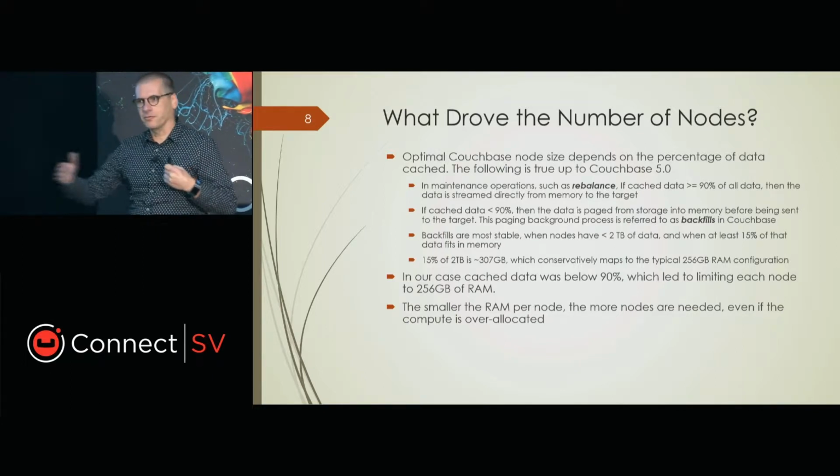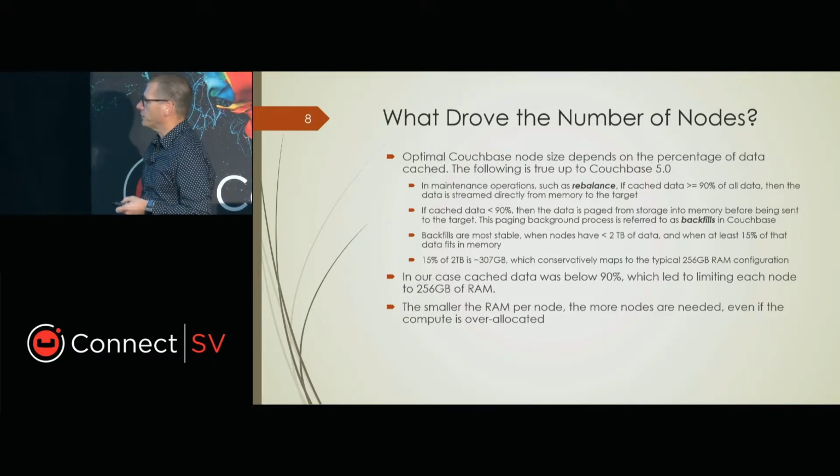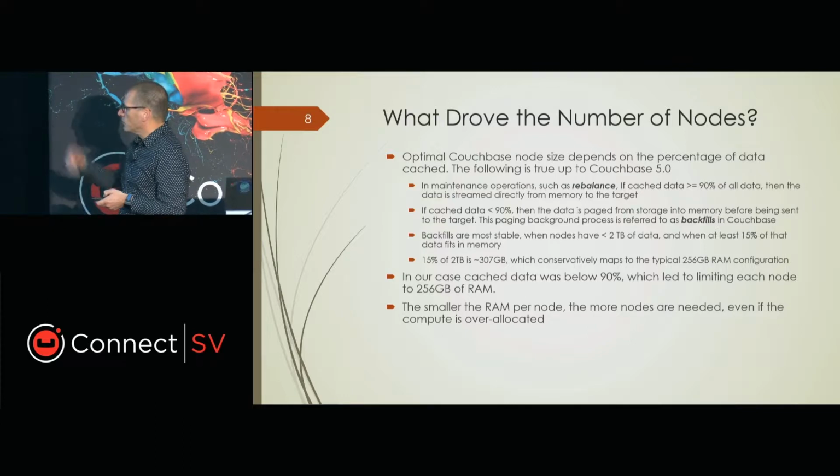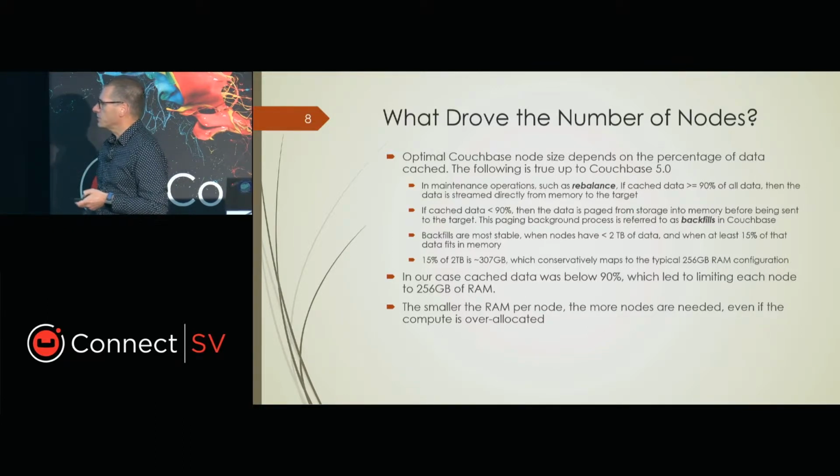We'd actually like longer, but that didn't prove to be financially viable. We determined that we would build our nodes with a 256 gig RAM configuration, which fitted nicely with our 15%-ish resident documents in memory.